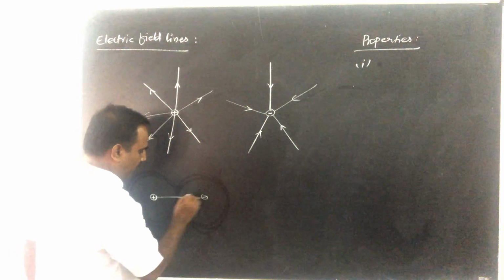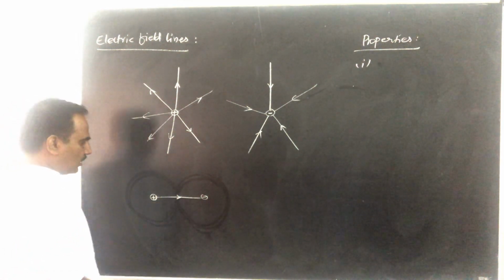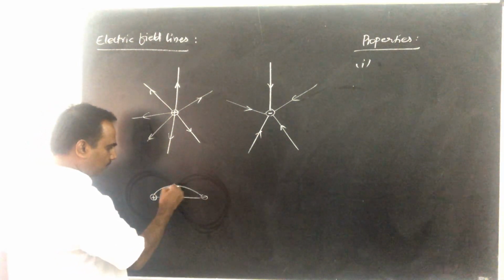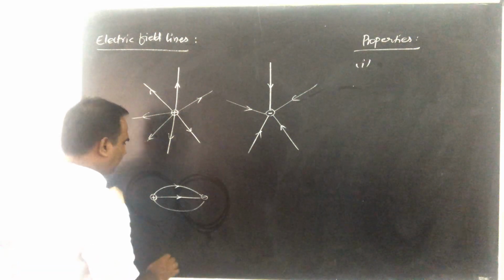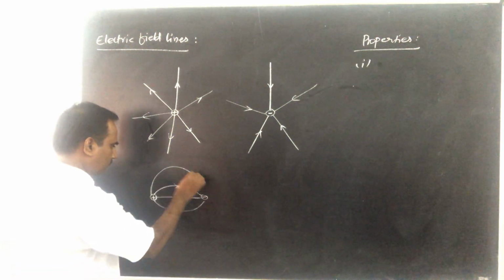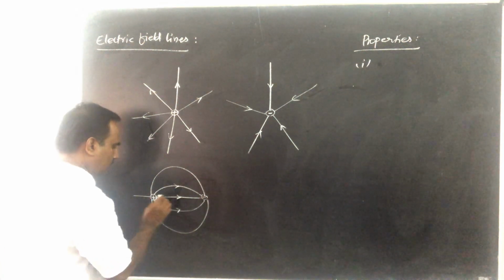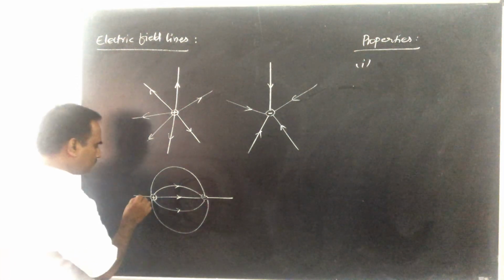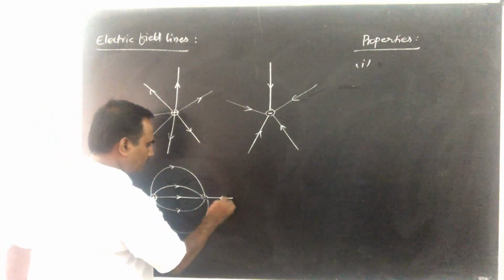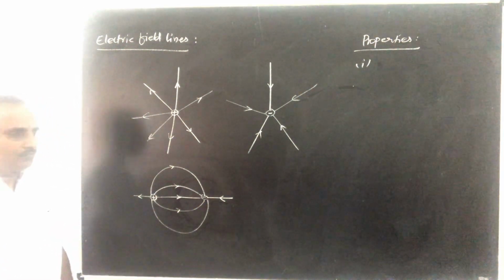So electric field line will be from positive charge to negative charge. Similarly, if I keep a unit positive charge here, it takes this path. So these are the electric field lines for a system of unlike charges.